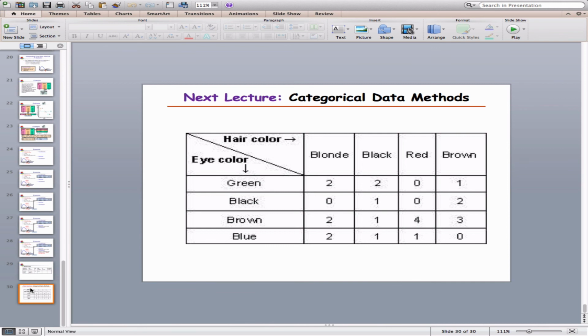Remember, ANOVA is all about decomposition of the variance. So you get an F statistic, which is BMS, the between-group mean squared, over the within-group mean squared, WMS. Then you compare to a reference distribution with degrees of freedom 1 and degrees of freedom 2, where the first equals k minus 1 and the second equals n minus k.